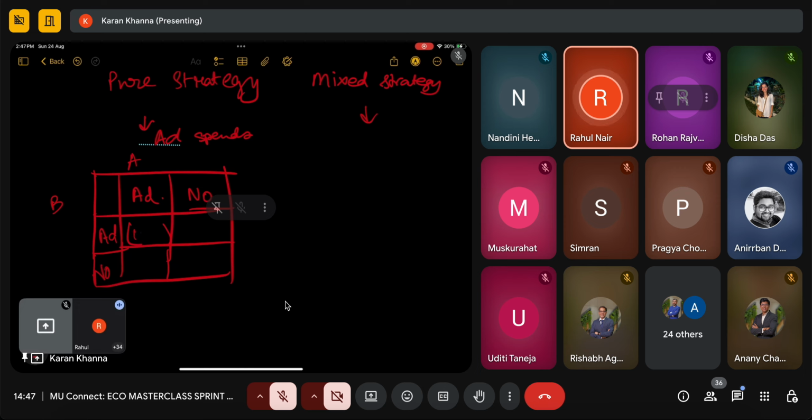So let's look at the possibilities like this. And say for, okay. So if you are B, will you go for spending on the ad, or will you go for not spending on the ad?